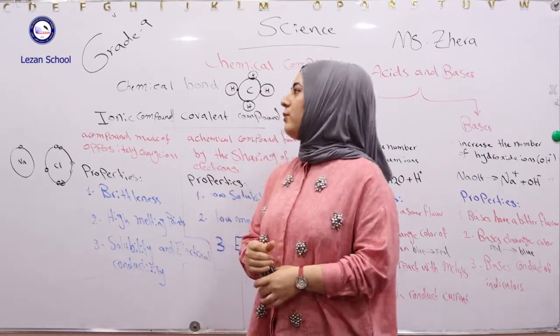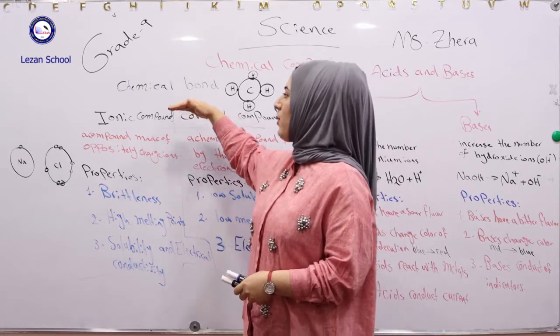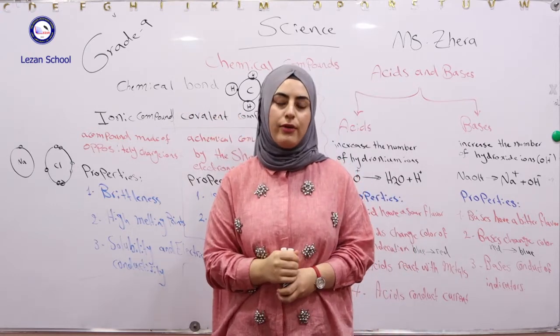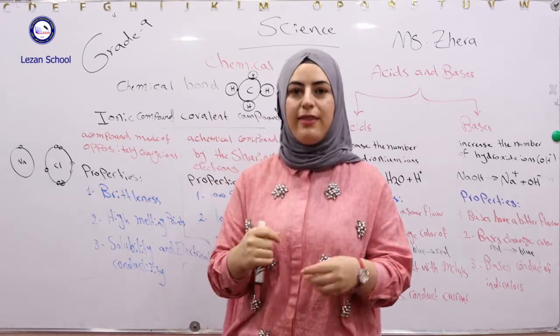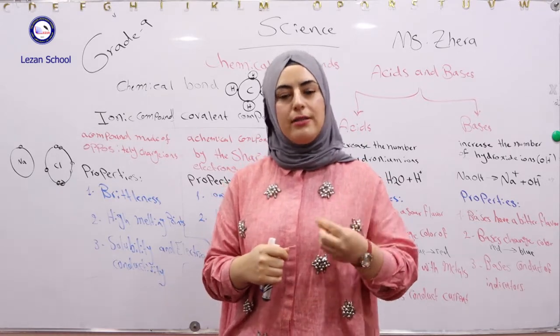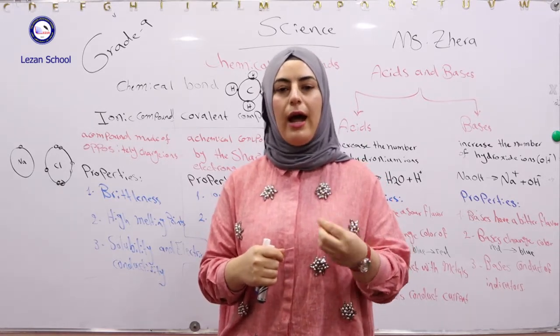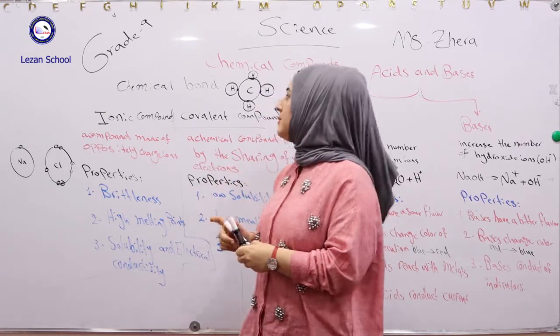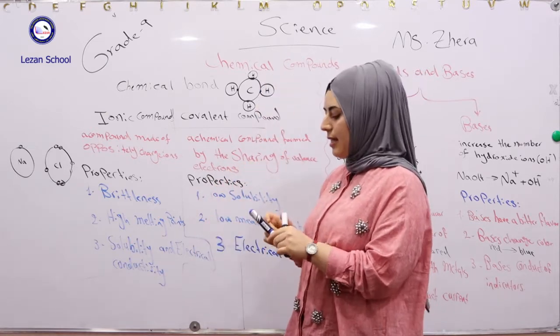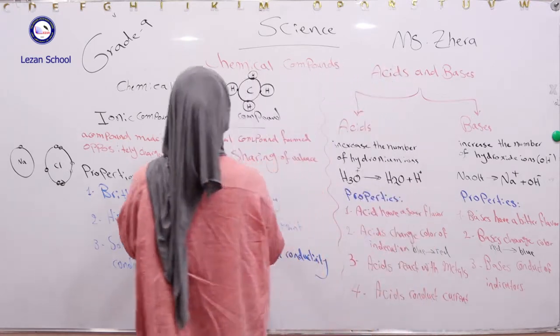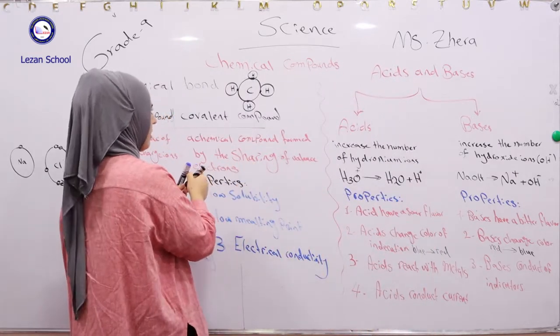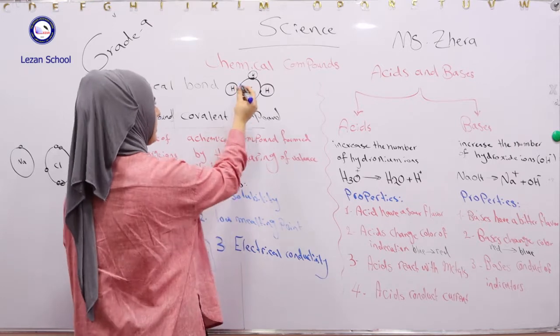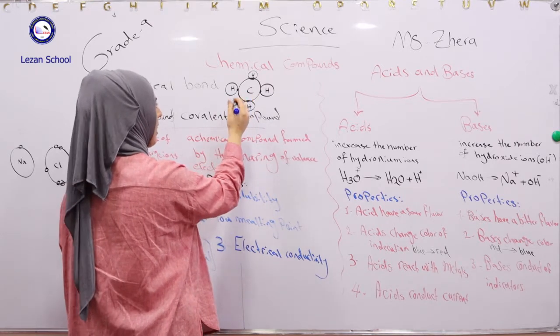So what does chemical bond mean for the chemical compound? A chemical bond is the force that holds two or more ions or atoms together in the compound. For example, here we have chemical bonds between hydrogens and carbon.